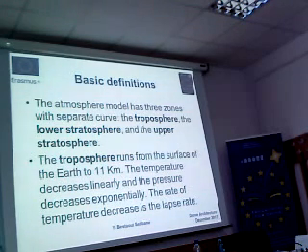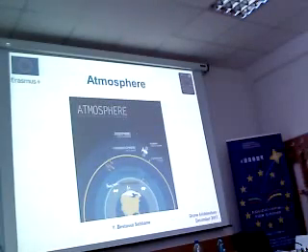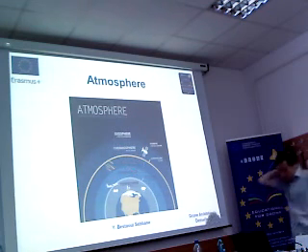The rate of the temperature decrease is the lapse rate. So you can see here we have the Earth, the troposphere from 0 to 11, the stratosphere from 11 to 25, and the upper stratosphere from 25 to maybe 100 kilometers.